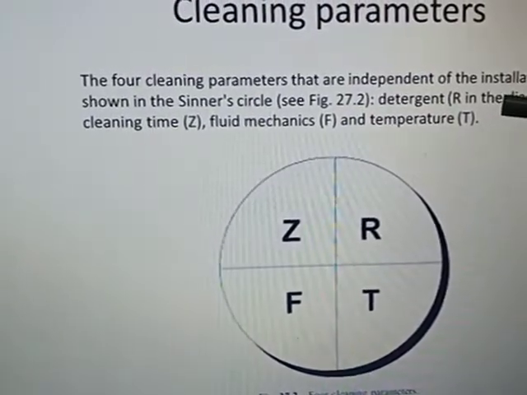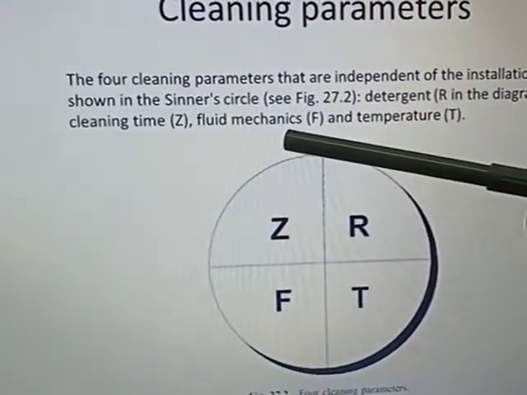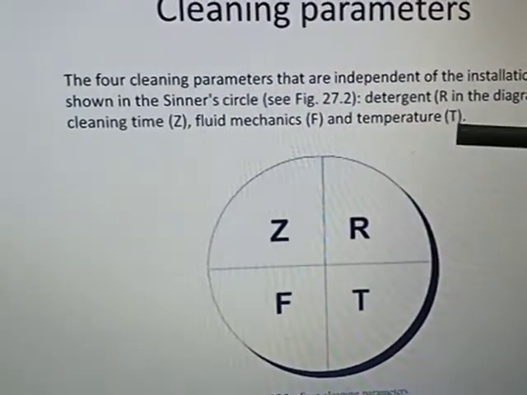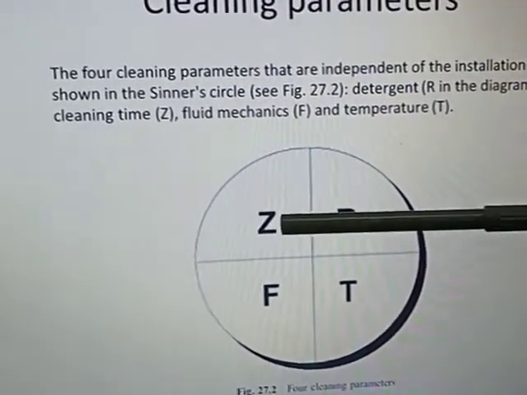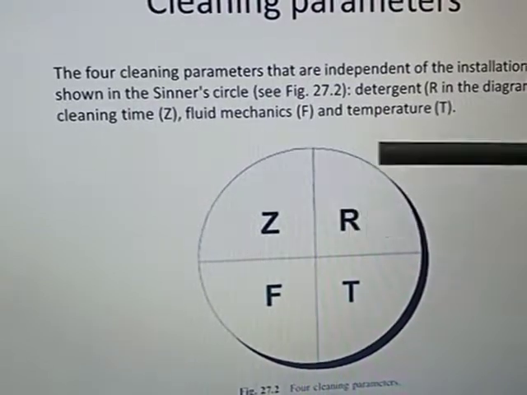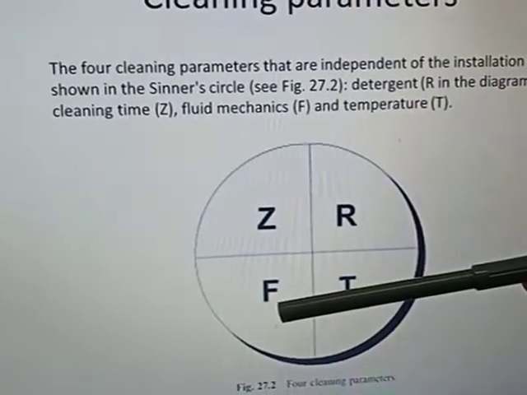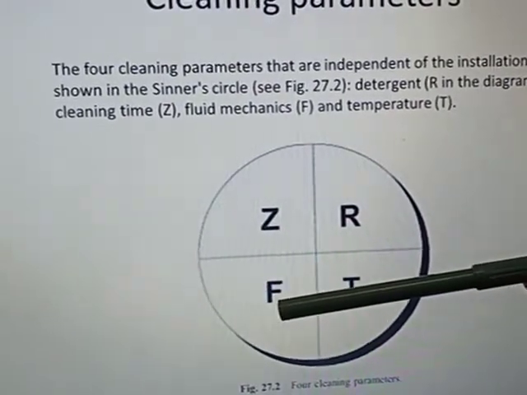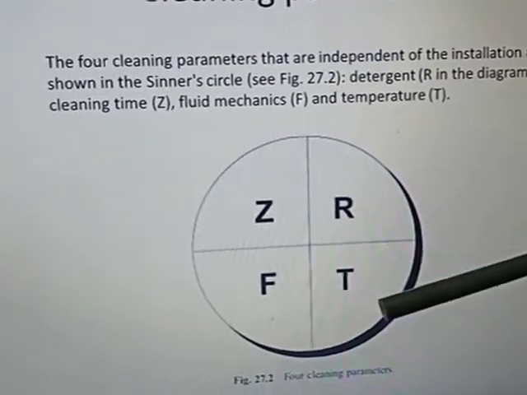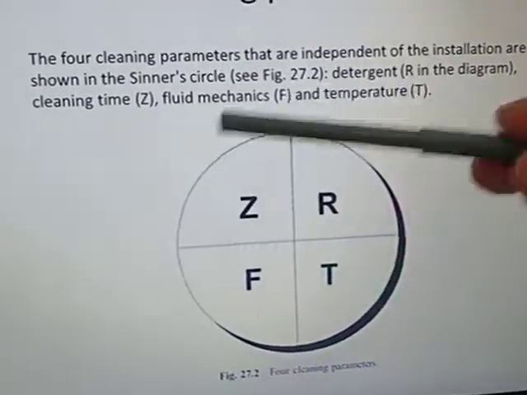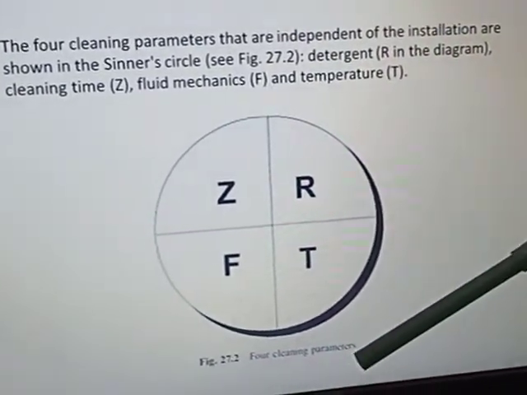Z stands for the cleaning time, R stands for the detergent, the type of detergent, F stands for fluid mechanics, the speed of the fluid, of the liquid, and lastly T stands for the temperature. You need to remember this ZRFT, the 4 cleaning parameters.